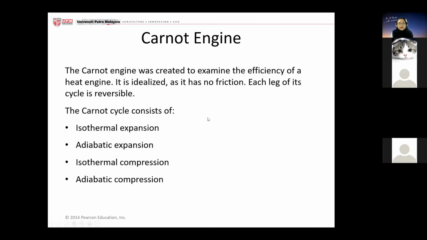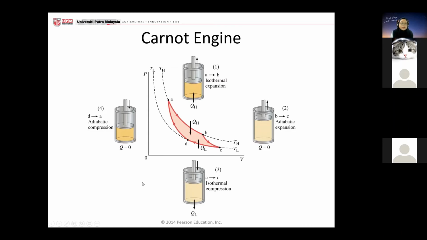And here is the PV diagram again, representing what is happening at each stage. A to B is isothermal expansion, B to C is adiabatic expansion, C to D is isothermal compression, and D to A is adiabatic compression, right? This can be calculated easily in an ideal situation using a Carnot engine.